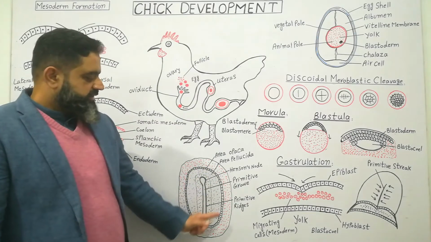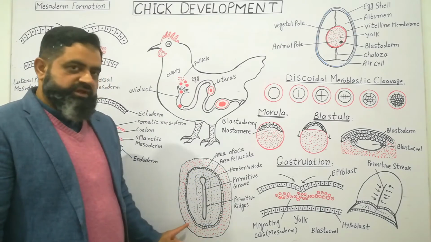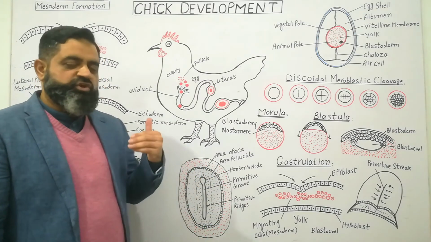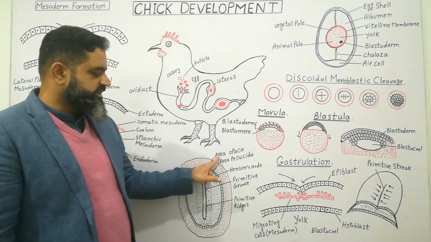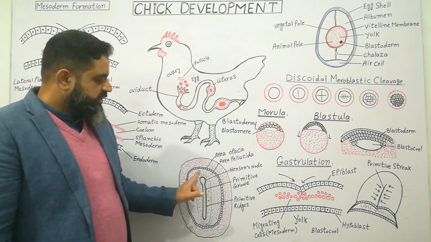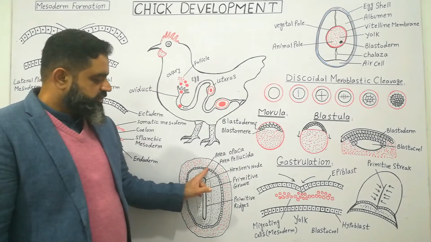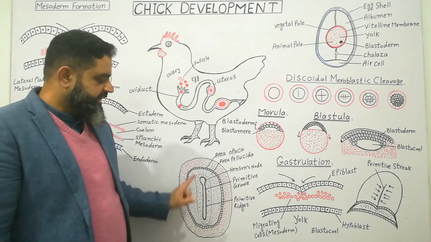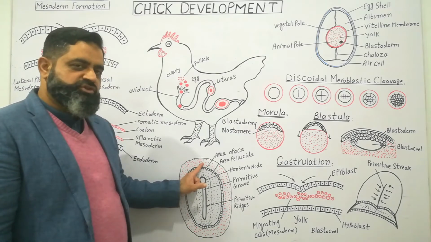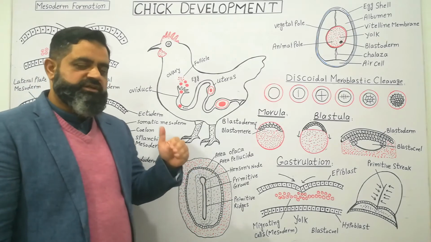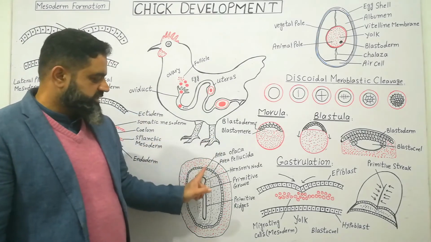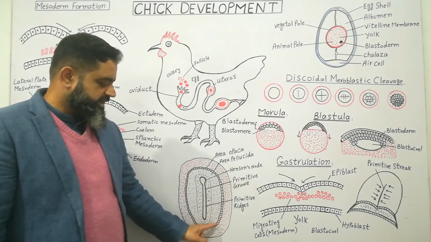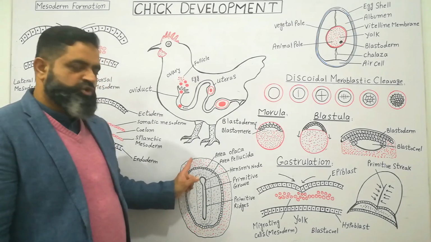So when this area develops, we can distinguish two regions. One region is known as area opaca. Area opaca is the area of the embryo which is adhering to the surface of the yolk, and this area is a little bit opaque and does not transmit light. So that is why this area, which you can see in black, is known as area opaca.